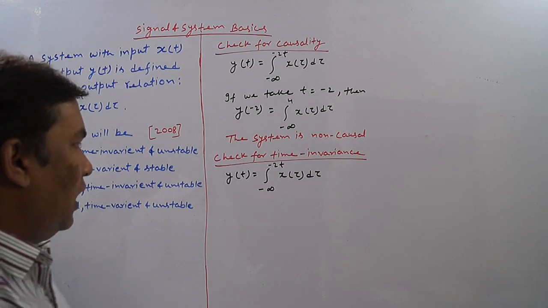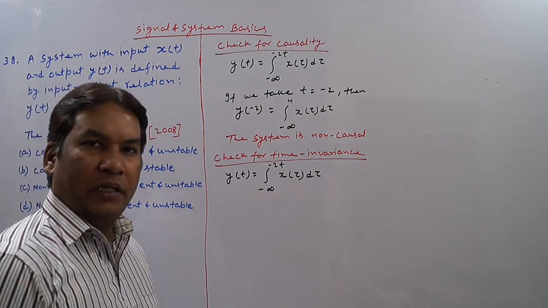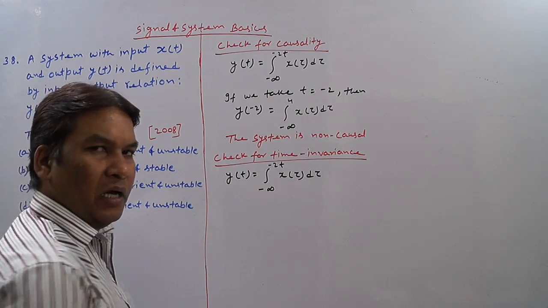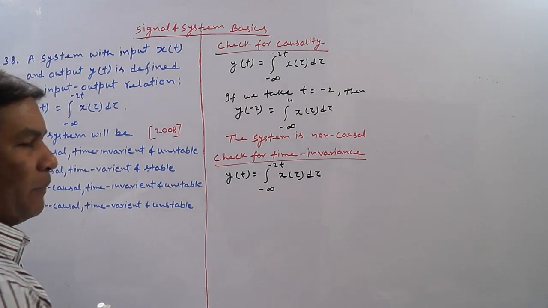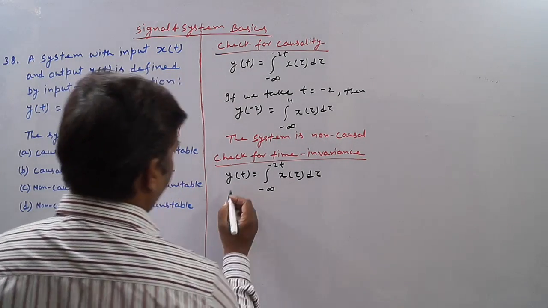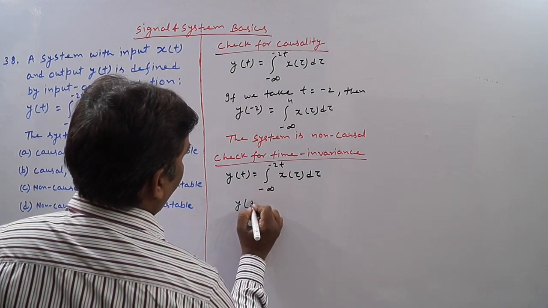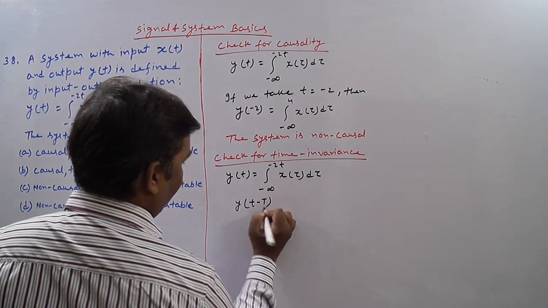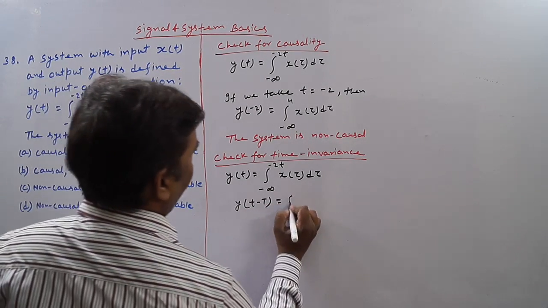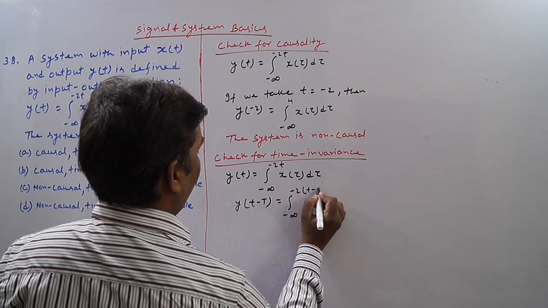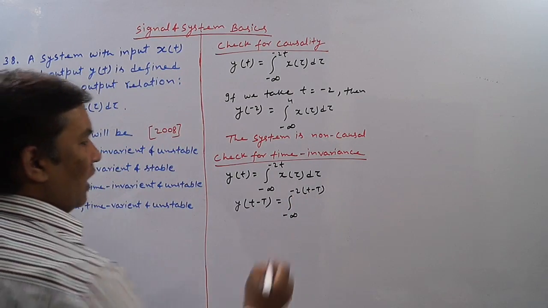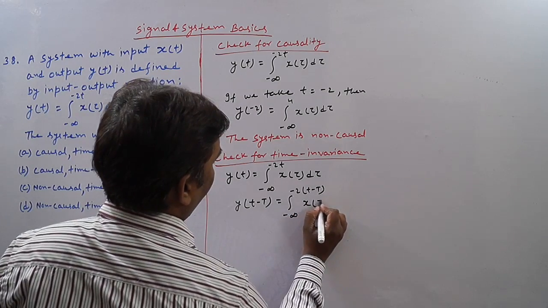If we find the delayed output by time delay capital T, we can write y(t minus T), which will be the integral from minus infinity to minus 2 times (t minus T). The upper limit will change and the rest will be the same.